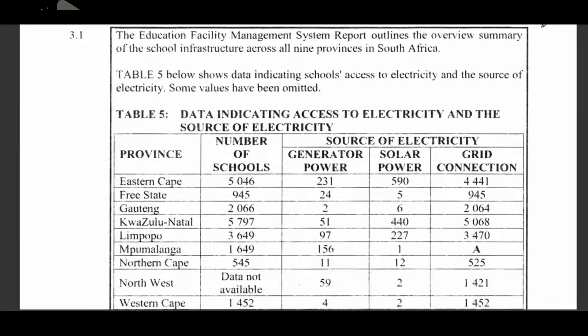They're telling us the Education Facility Management System report outlines the overview summary of the school infrastructure across all 9 provinces in South Africa. Table 5 below shows the data indicating schools' access to electricity and the source of electricity. Some values have been omitted. Okay.